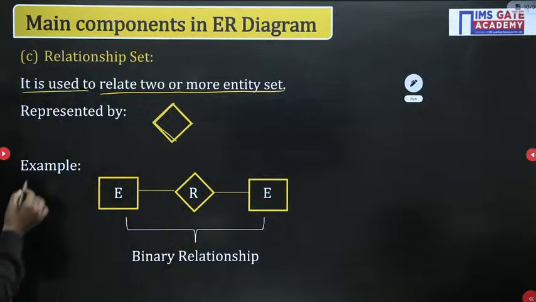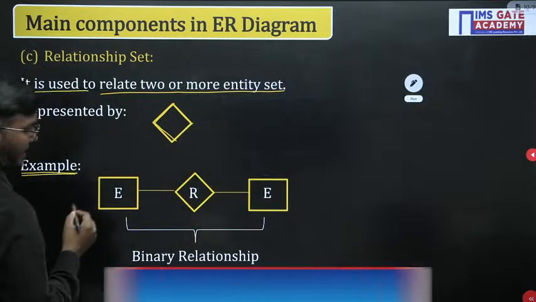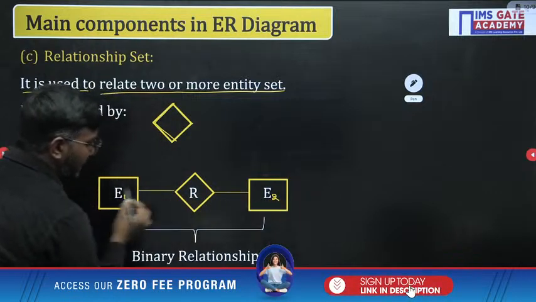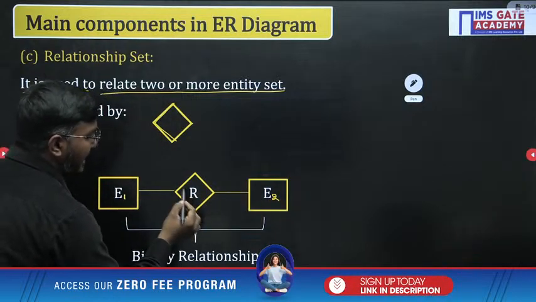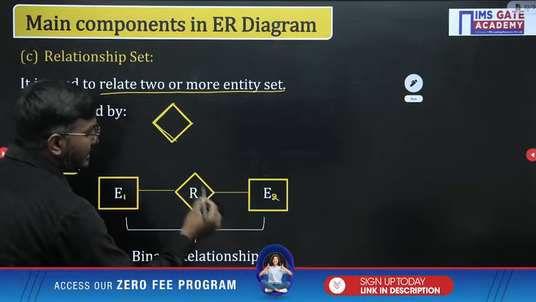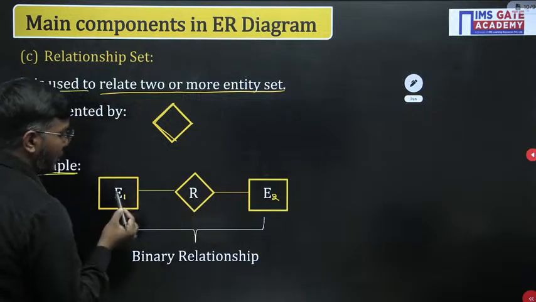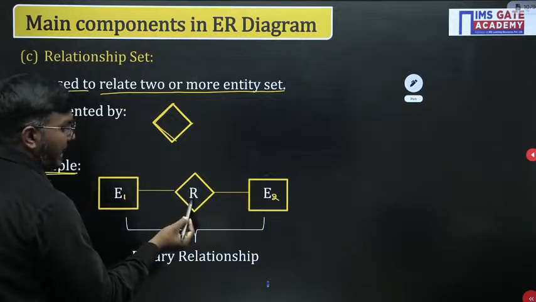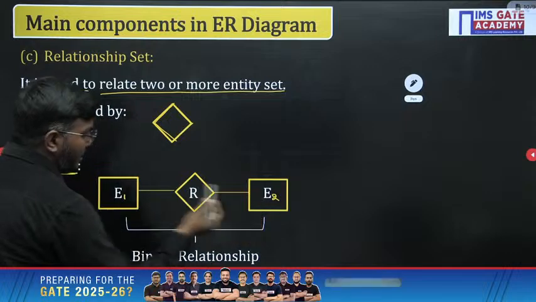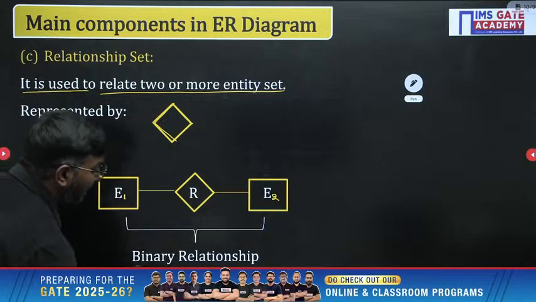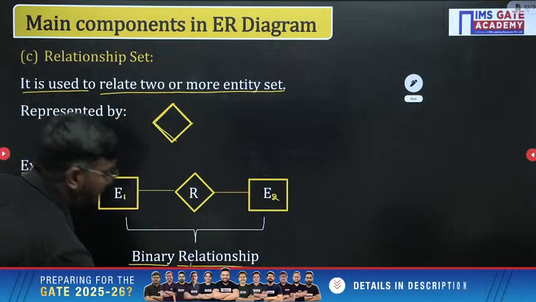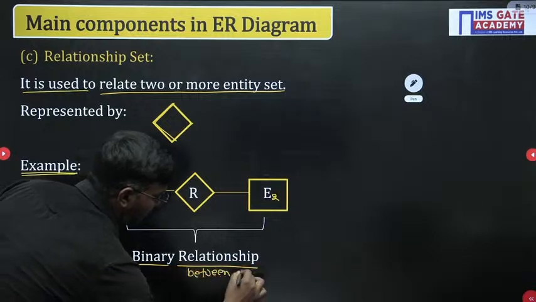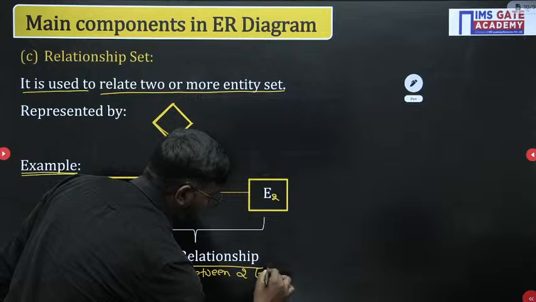Fine. Now let's take one example. See here, this E1 and E2 are two entity sets, and here this R is a relationship set defined between the two entity sets E1 and E2. Because this R is a relationship set defined between E1 and E2, we can say this is a binary relationship. Binary relationship means a relationship defined between two entity sets.